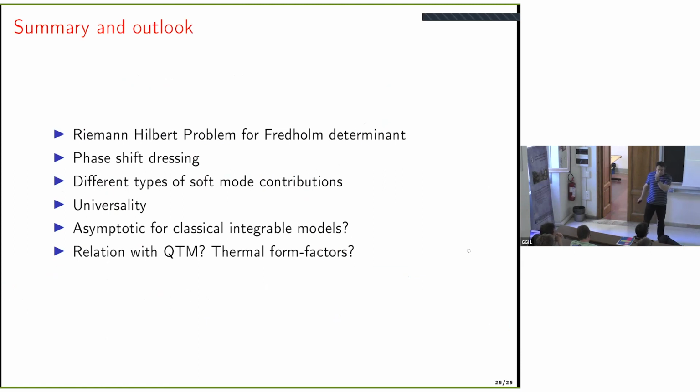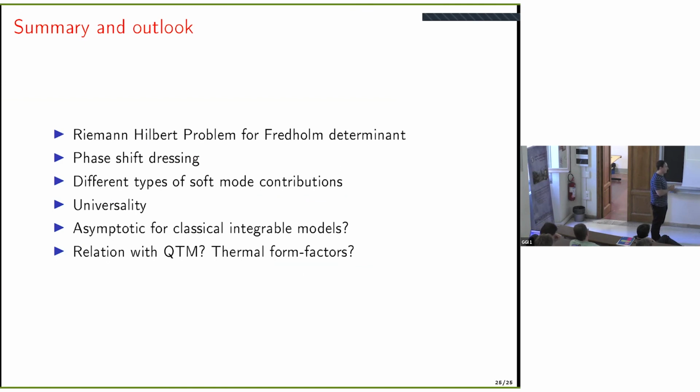All right, so with this I would like to conclude. What I told you today is a way to avoid solving the Riemann-Hilbert problem to evaluate asymptotics of a Fredholm determinant, which resulted in basically dressing of the phase shift of fermions and making state dependence complex, and whatever is necessary.